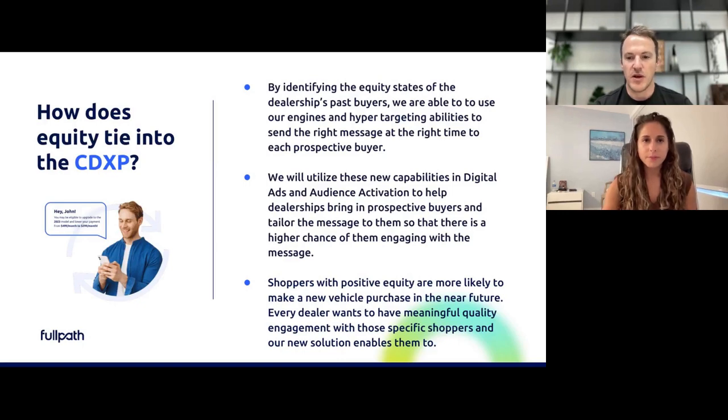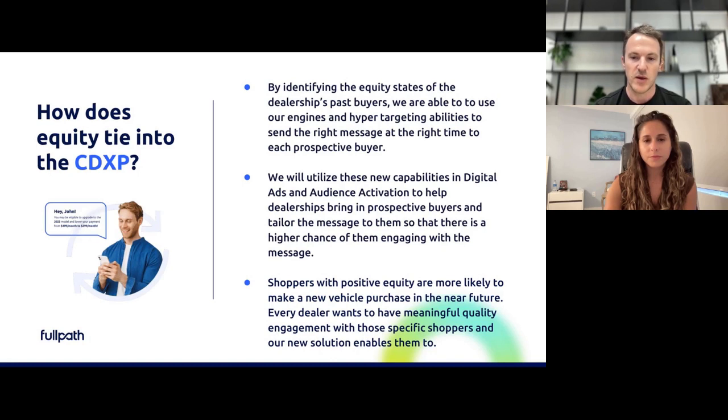So obviously our platform sees that Bob, let's call him Bob, visits the website, and we start targeting him with specific ads according to the vehicles that he's seen, and we start emailing him with great offers from our audience activation solution. But Bob doesn't engage.